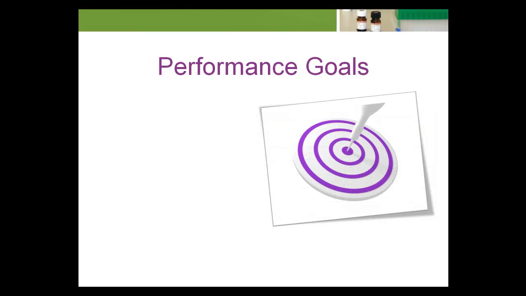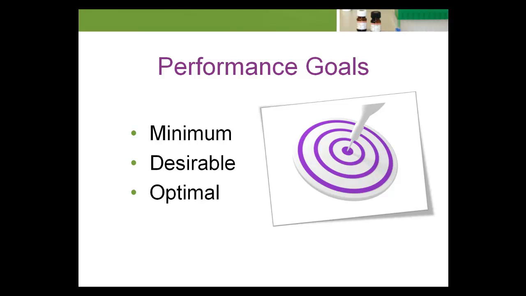There are three performance goals from which the laboratory can choose: minimum, desirable, optimal. The choice of a performance goal is linked to specific formulas for calculating allowable error. The outputs of these formulas are specific performance targets, traceable to the chosen performance goal. They're represented as a numerical value expressed as a % that defines the limit for imprecision and bias.